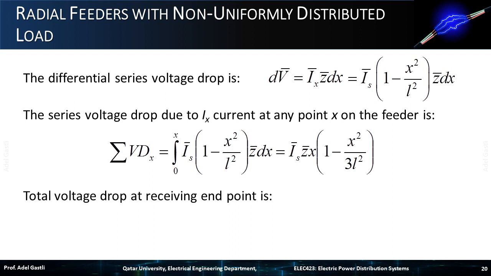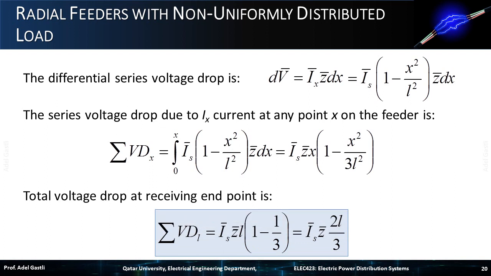Consequently, the total voltage drop at the receiving end point is VDL, that equals Is times z times L times 1 minus 1 over 3, or Is times z times 2/3 of L.